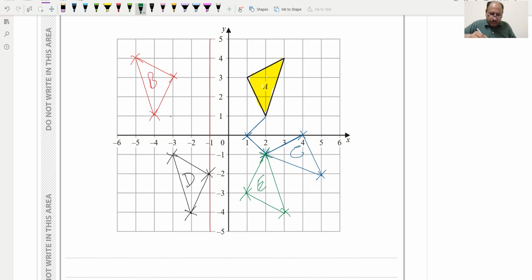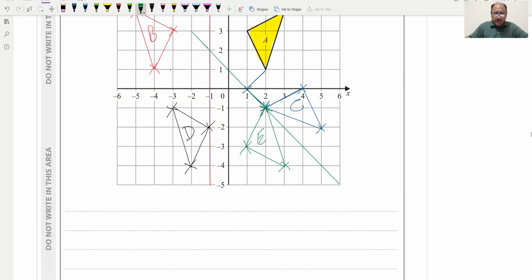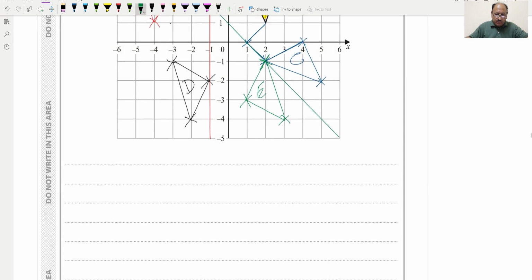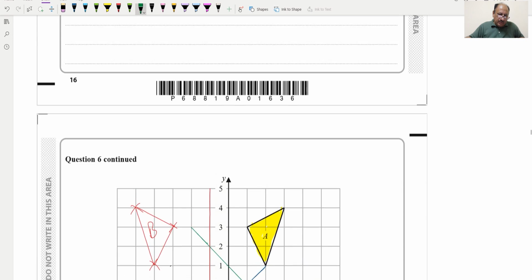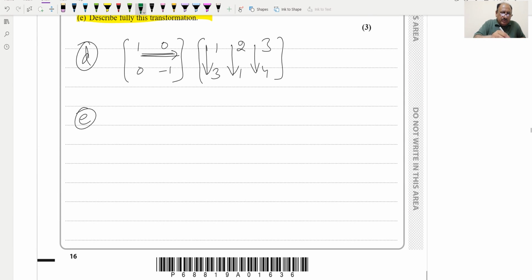If we draw the straight line will be this one, which is, if I redraw, this is the straight line, which is basically x plus y is equal to 1, or we can write y is equal to minus x plus 1.